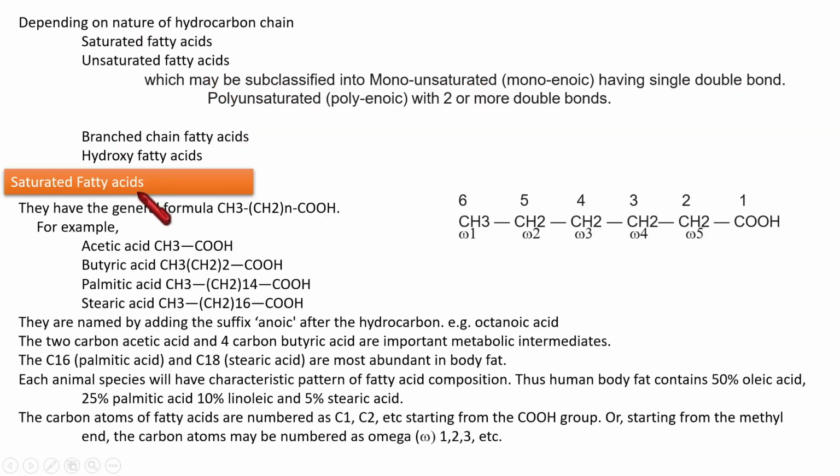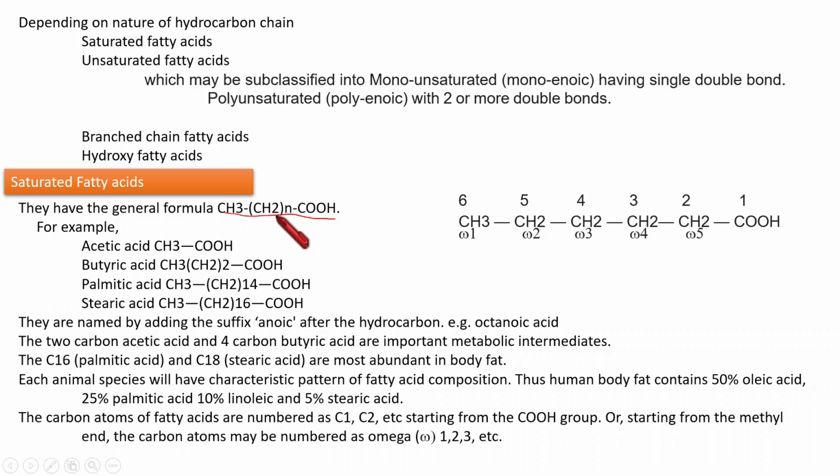Next, we are going to see saturated fatty acids. How can we represent this type of fatty acid? It can be represented using the general formula CH3(CH2)nCOOH. On looking at the general formula, we can understand that depending upon the length of the hydrocarbon chain, the number of CH2 will vary.